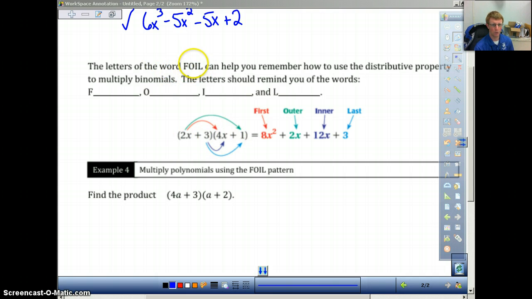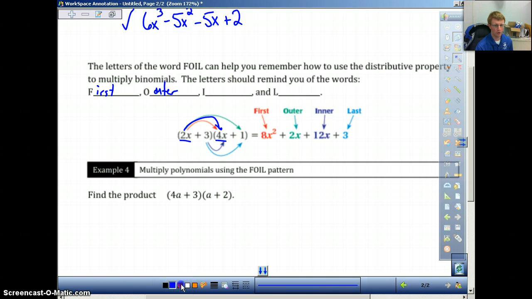The idea of the word FOIL can help us with that. You'll hear that a lot: FOIL it, FOIL it, FOIL it. What does that mean? It means that for each set of terms, we want you to multiply the first term. So 2x times 4x is the first term, 2x and 4x. So that's that part right there. And then the second one is called the outer.